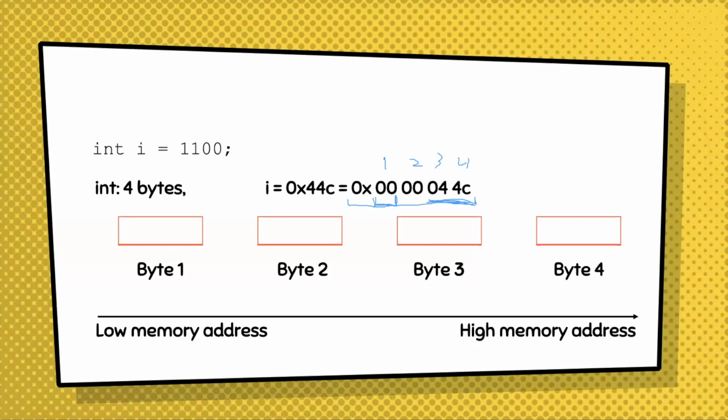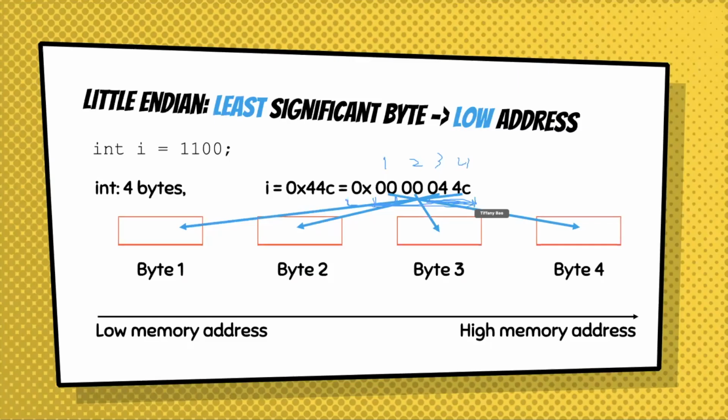So it is the opposite: this byte looks like the rightmost if we represent it as an integer, right? However, it will be put in the lowest memory. So that is why this 4C will go to the first byte. So here is hex 4C.